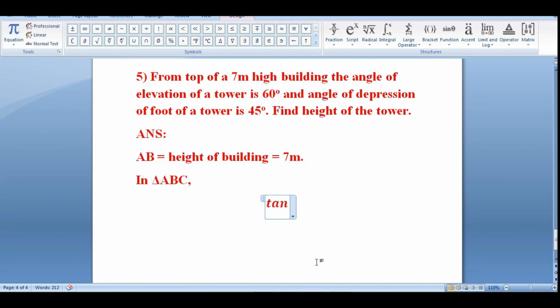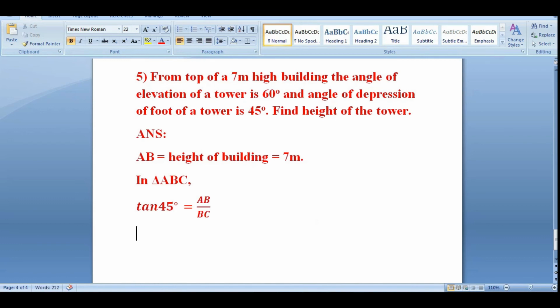It's 45 degree. And tan 45 degree value is how much? It's 1.